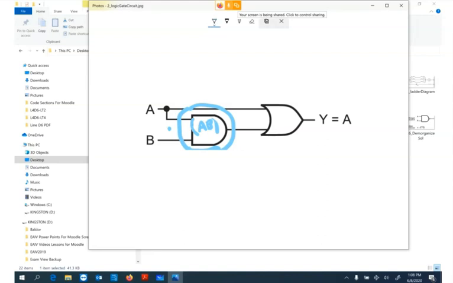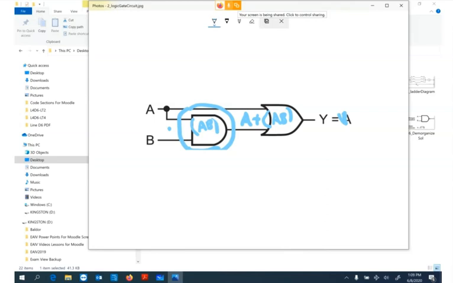So the equation actually ends up being A, or indicated by the plus sign, A, B equals Y. So that gets a little funky. Now, I don't know why they have an A over here. But they show the equation.